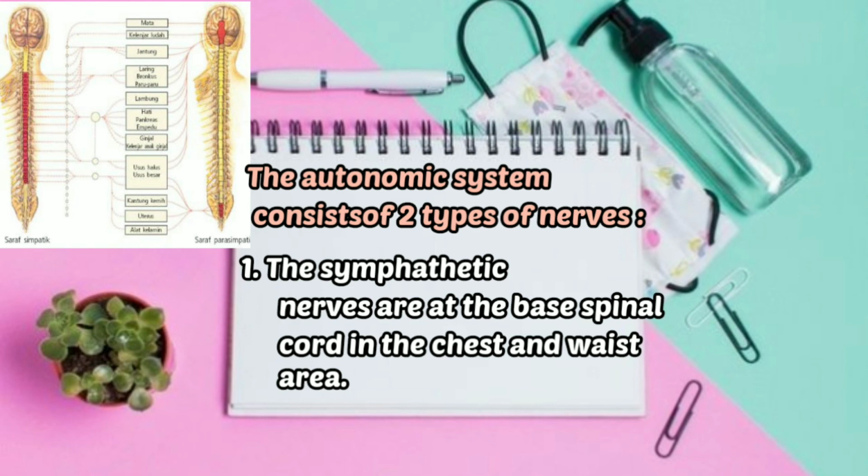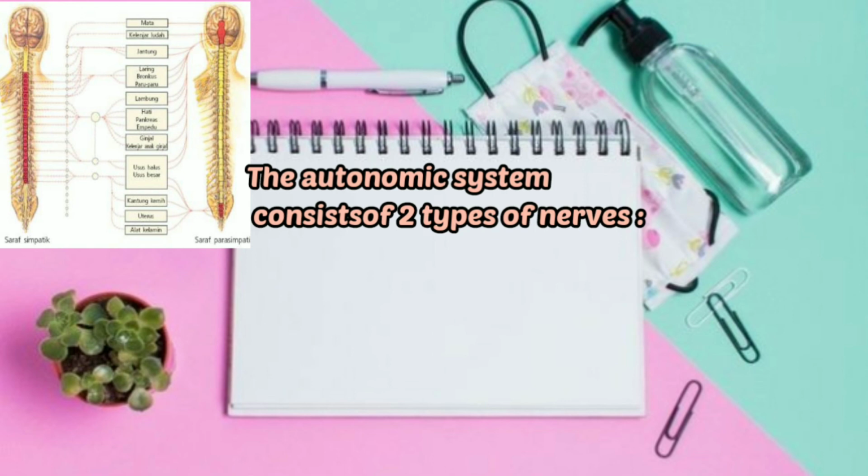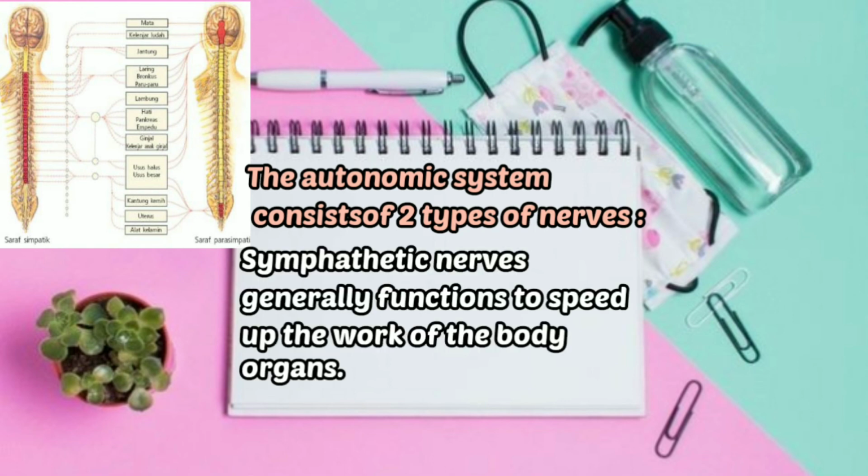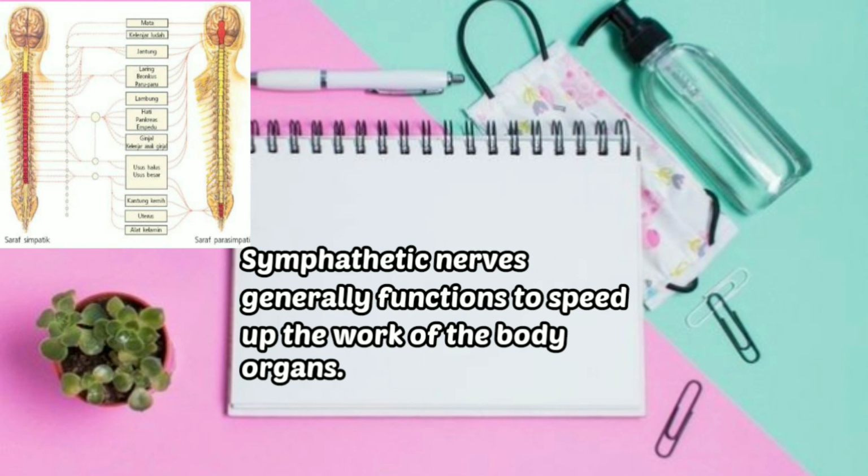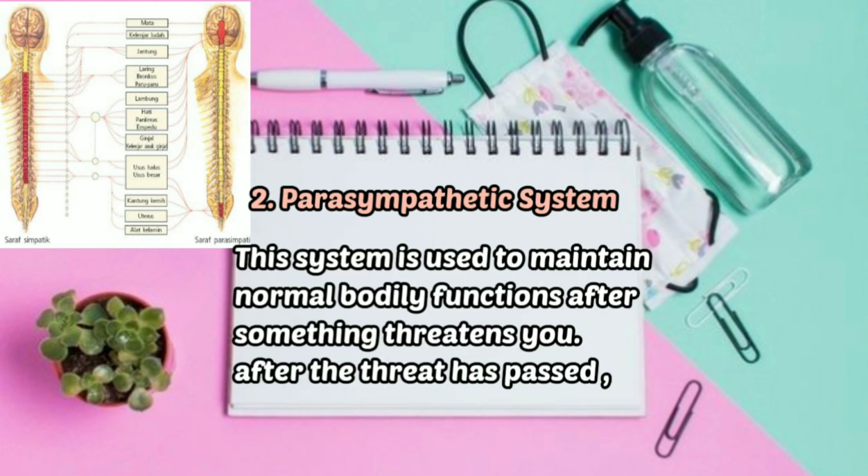1. The sympathetic nerves are at the base of the spinal cord in the chest and waist area. Sympathetic nerves generally function to speed up the work of the body organs. 2. Parasympathetic system.